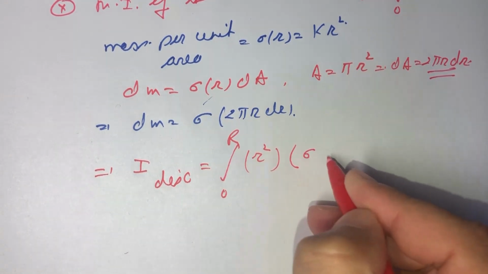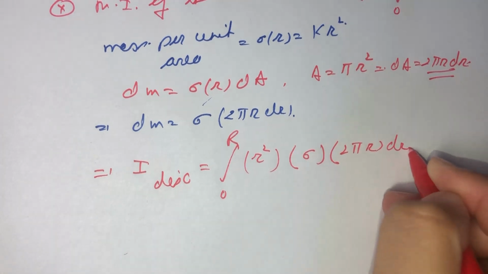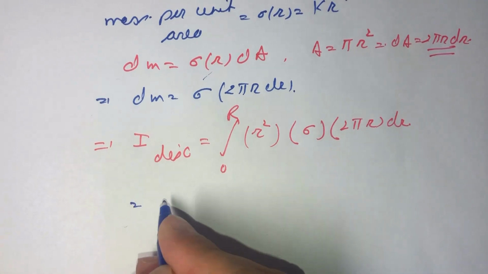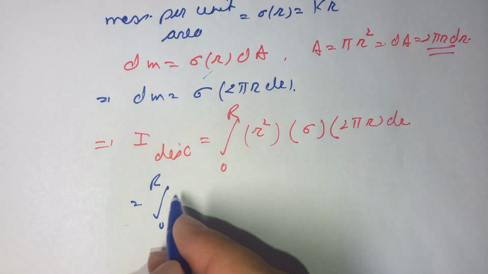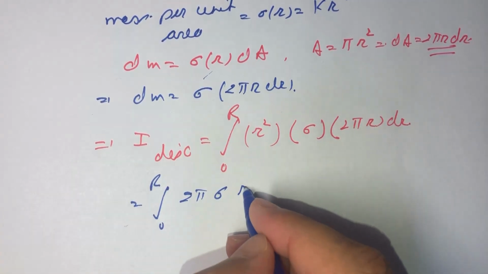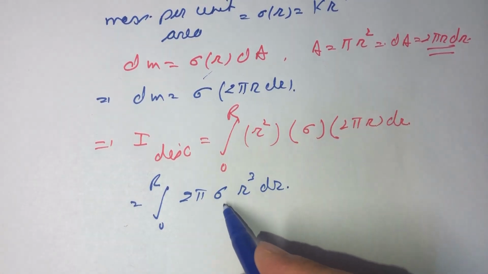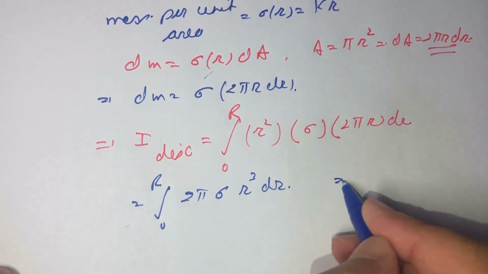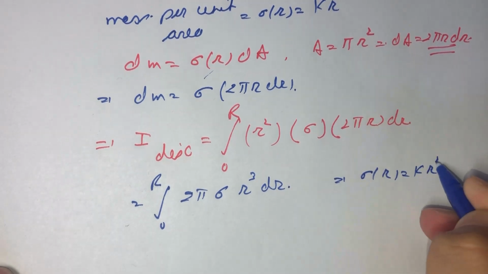Dm is sigma times 2 pi r into dr. This can be further solved as 0 to r, 2 pi sigma r cube dr. Now the sigma is also having a dependence upon r, because it is given that sigma r is equal to kr square.